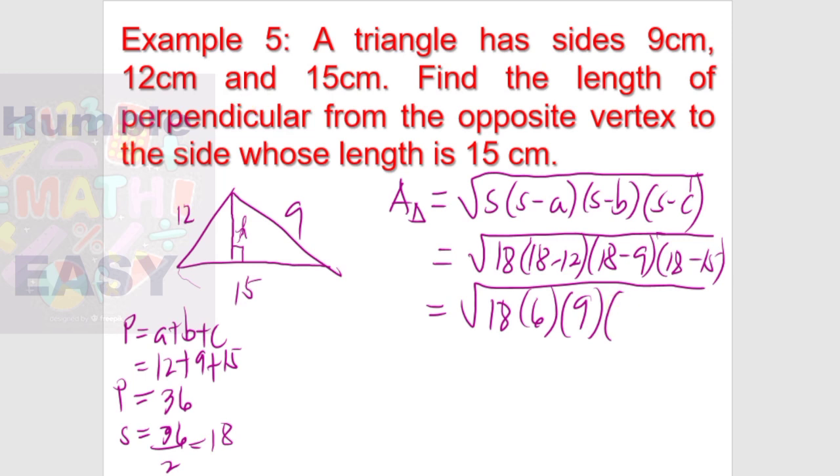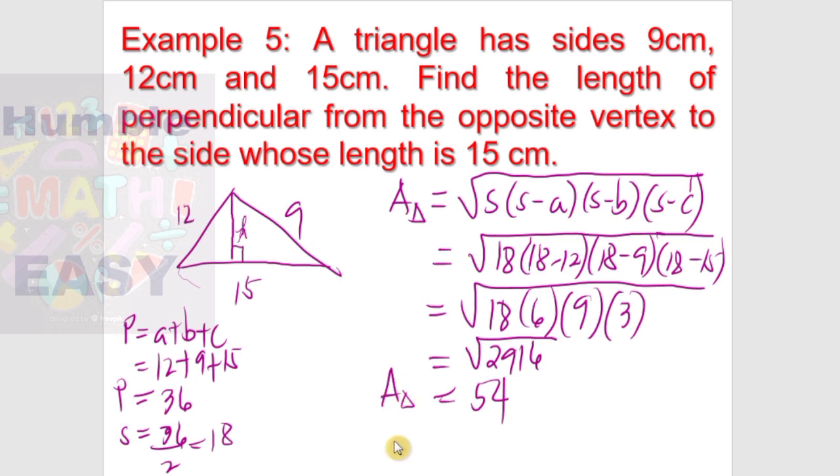Take note of that one. So we have 18 times 6 times 9 times 3, and that is 2,916. And take the square root of that, and we have 54 as the area of the triangle.